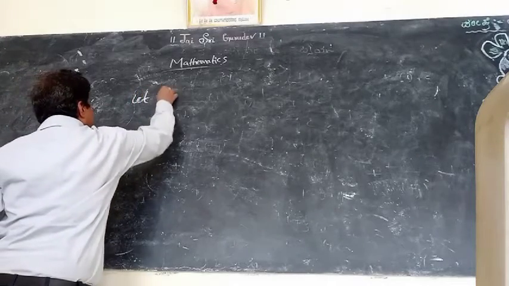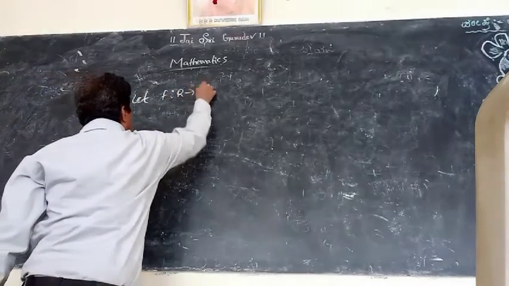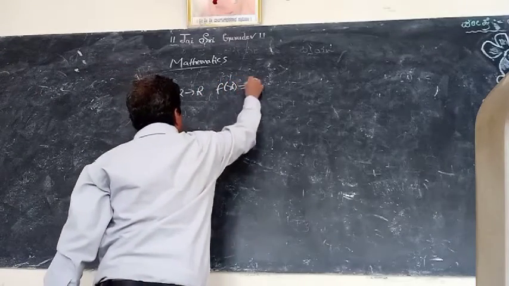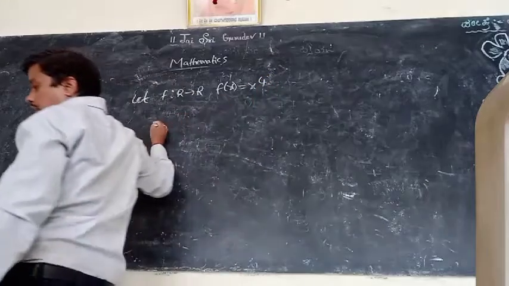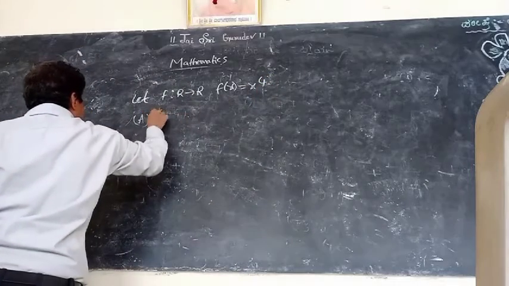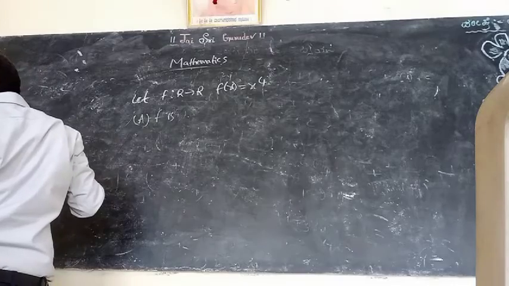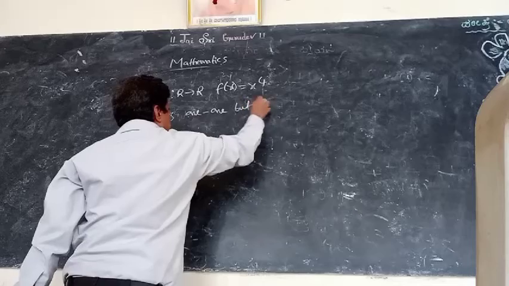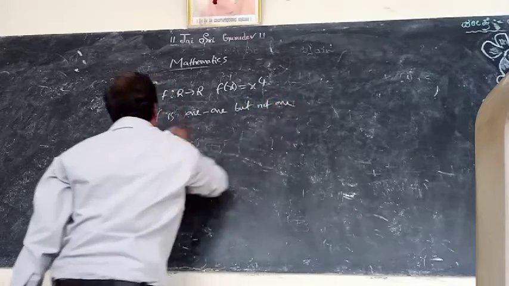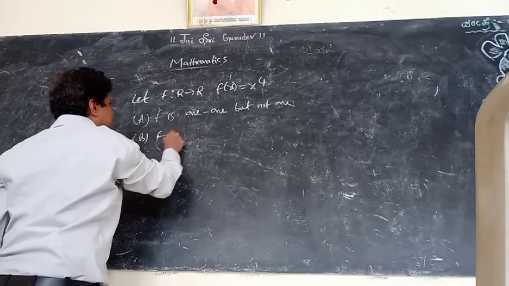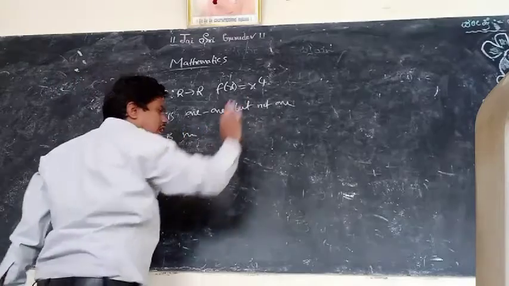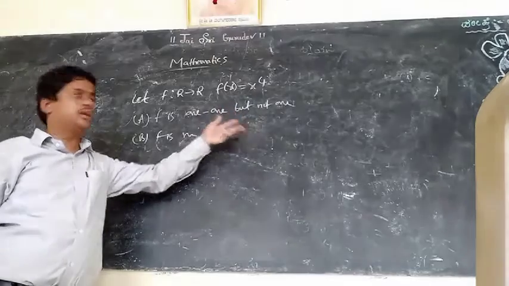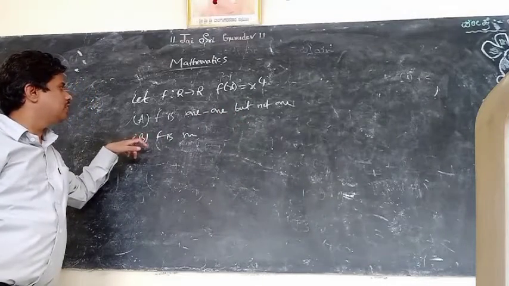Let f map R to R, defined by f of x equals x to the power of 4. The options are: A, f is one-one but not onto; B, f is neither one-one nor onto; C, f is not one-one but onto; D, f is one-one and onto.